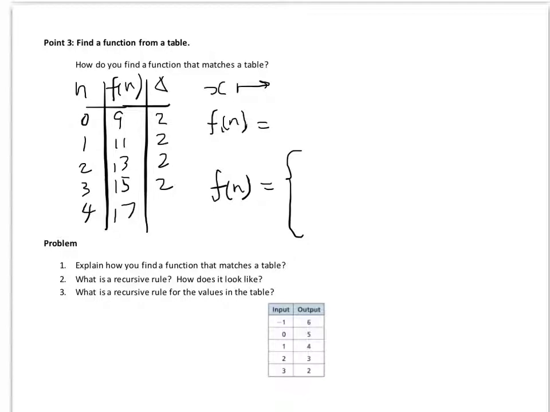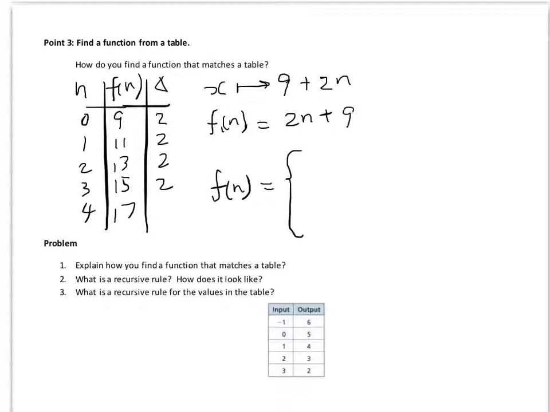So you look at the output of 0, which is 9, and then you add the slope or the delta times the input, which is n. So you can simply write f of n, which represents the output, as 2n plus 9. You can put 9 plus 2n, but by convention, you usually write the n or variables first.